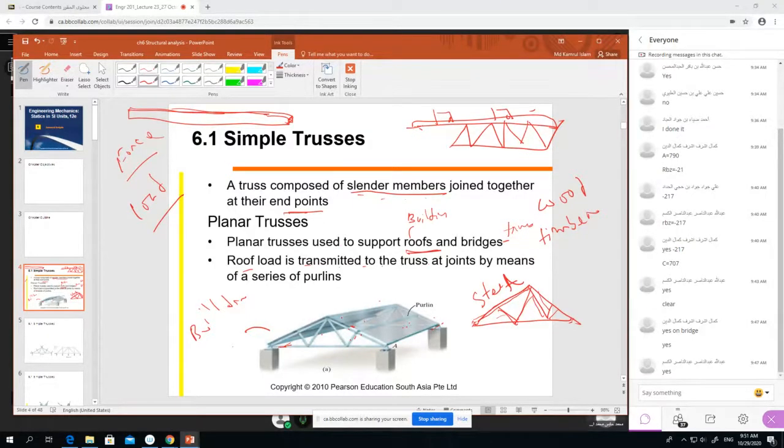So this is the truss. The load of this roof is transmitted through this slender member, and then here, and then here, and then goes to the support. It is transmitted to the truss at the joints by means of a series of purlins. This is the purlin.